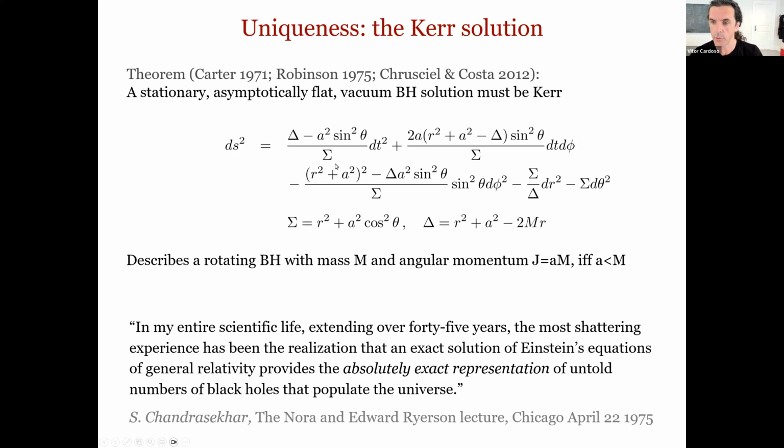And you see that there's 2 parameters here, the angular momentum a and the mass m of your spacetime. And this, of course, only describes a black hole, so it only has an event horizon if the object doesn't spin too fast. So if this parameter a is smaller than m.